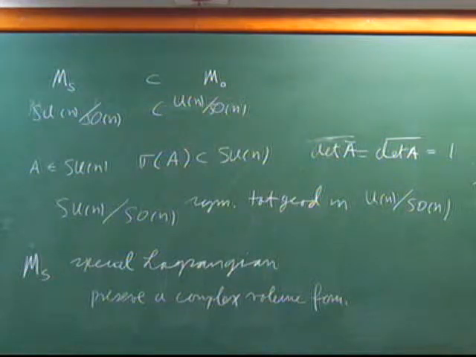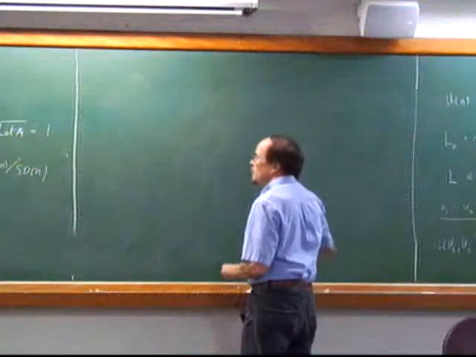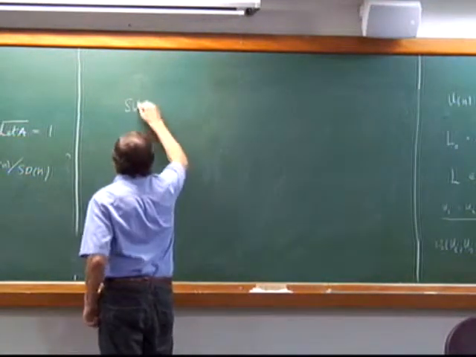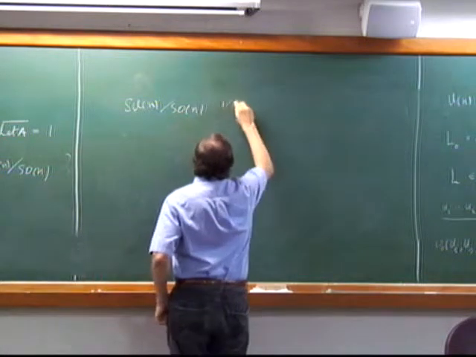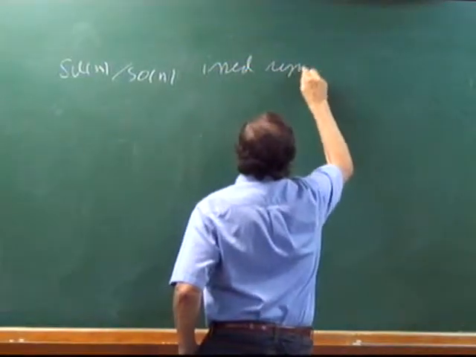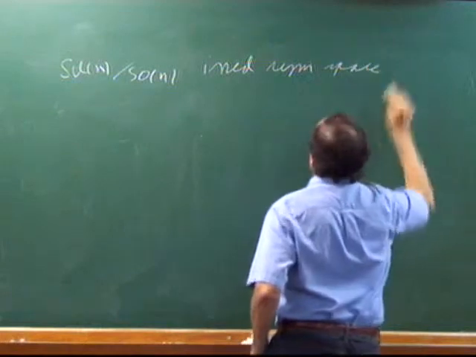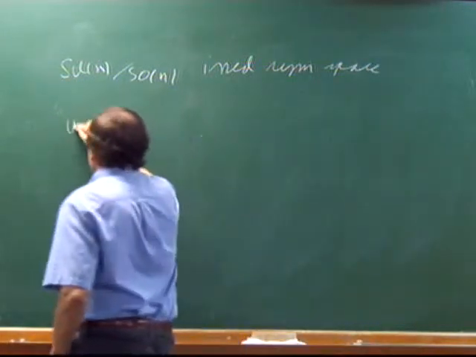Okay, so that's maybe enough about that. Maybe the last comment is that SU(N) mod SO(N) is an irreducible symmetric space. But U(N) mod SO(N) is not.